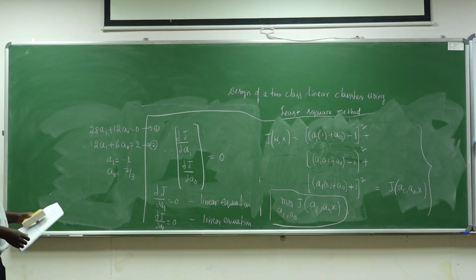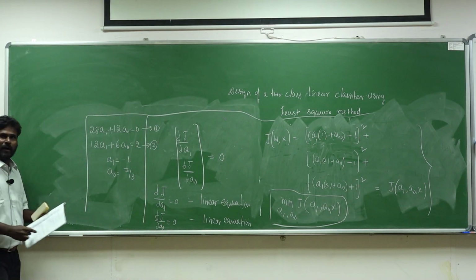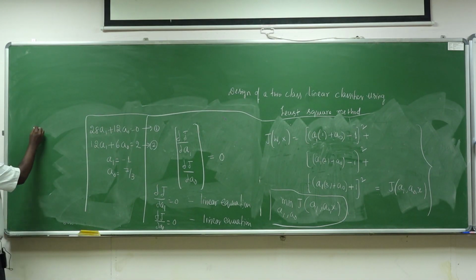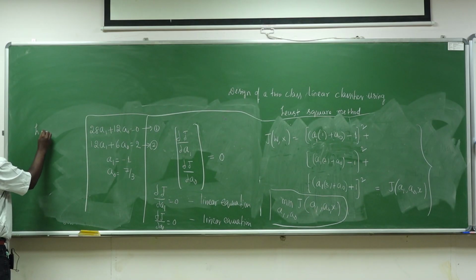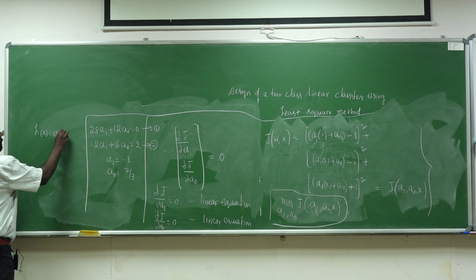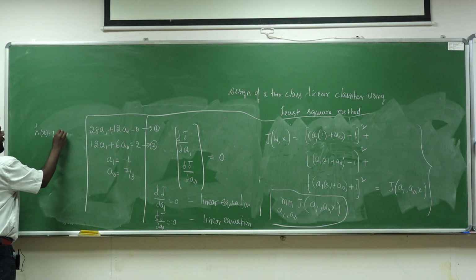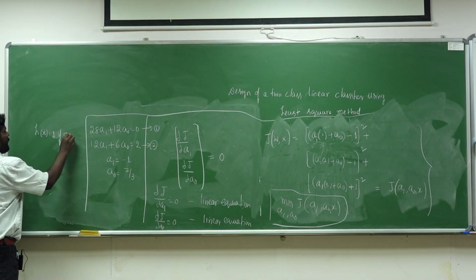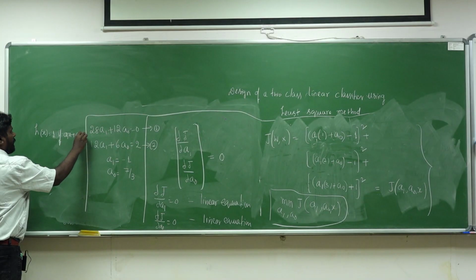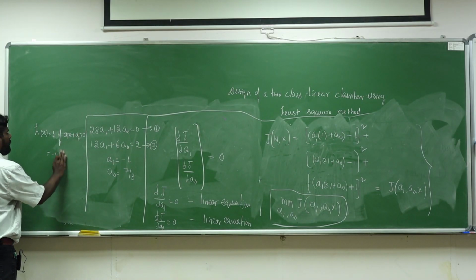Now you define. We already defined what a linear classifier is. The linear classifier, we defined something like this: h of x is equal to 1 if a1x plus a0 is greater than 0, and equal to minus 1 otherwise.